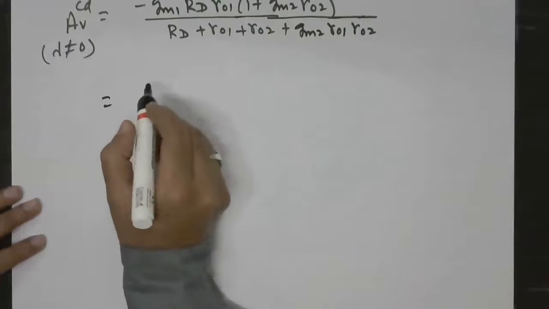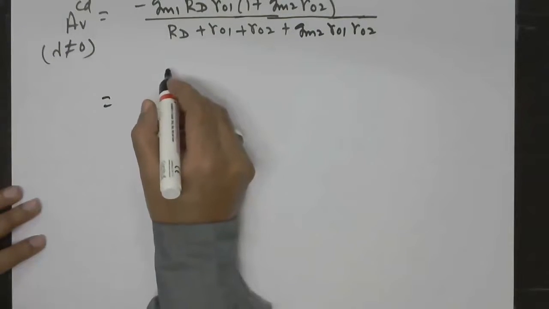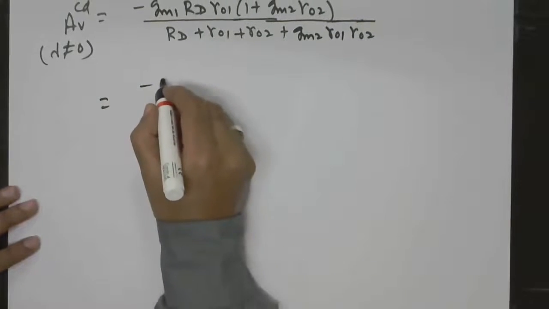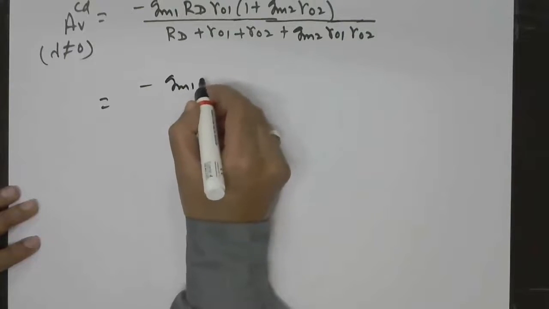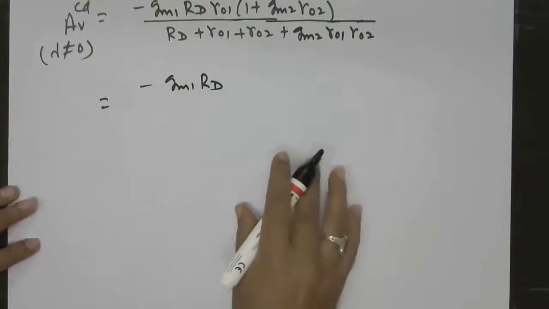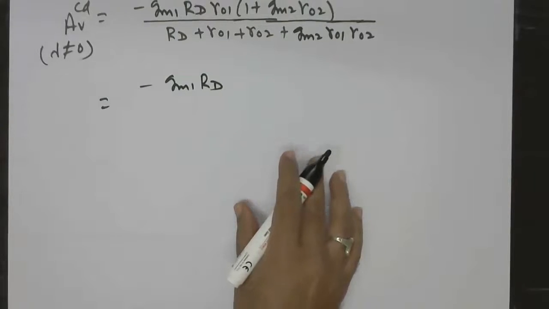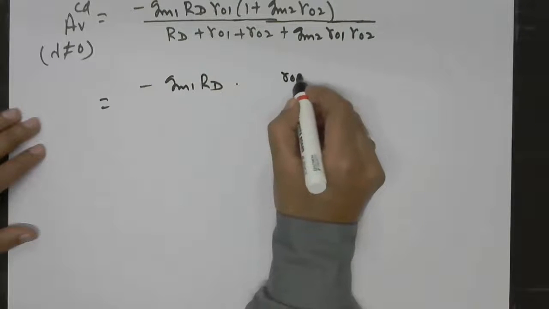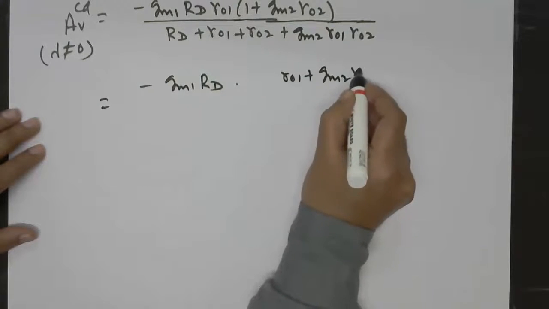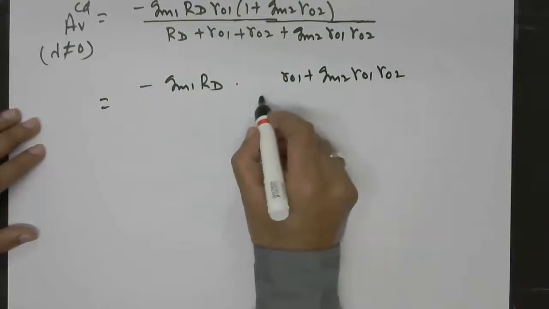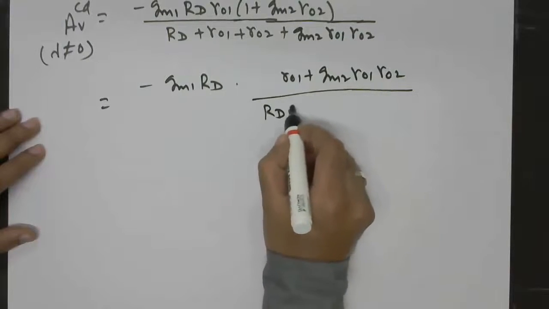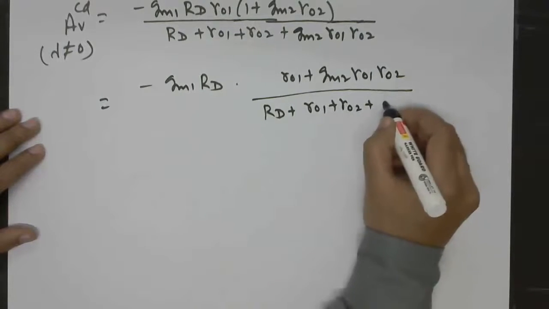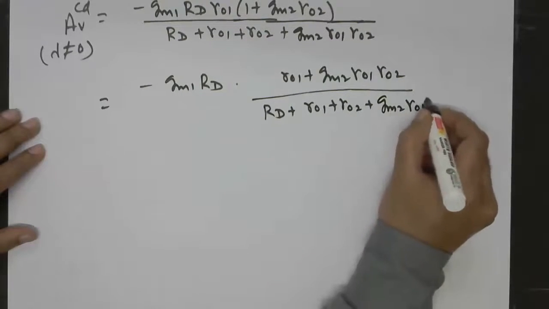So let us rearrange it, and here you can see that we have gm1 RD, and then we can separate the remaining terms: ro1 gm2 ro1 ro2 divided by RD plus ro1 ro2, gm2 ro1 ro2.